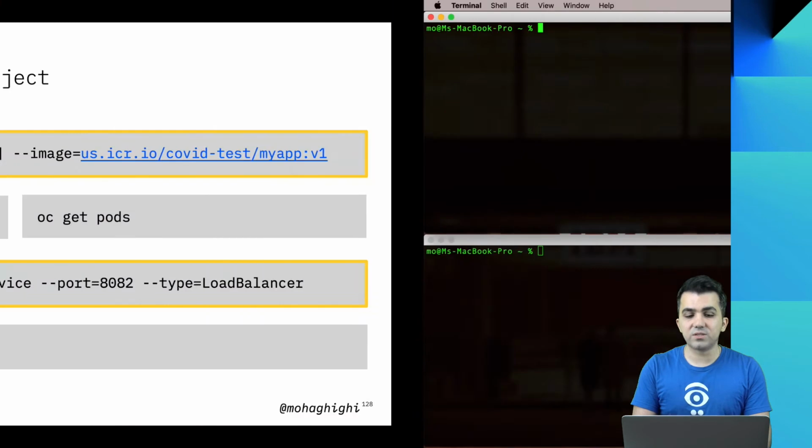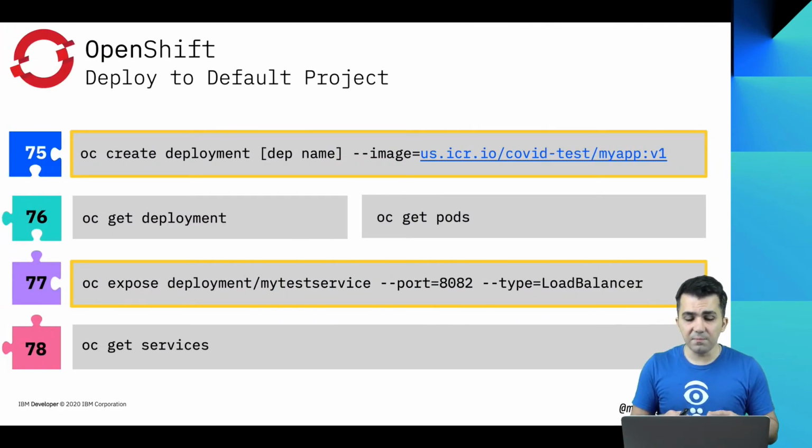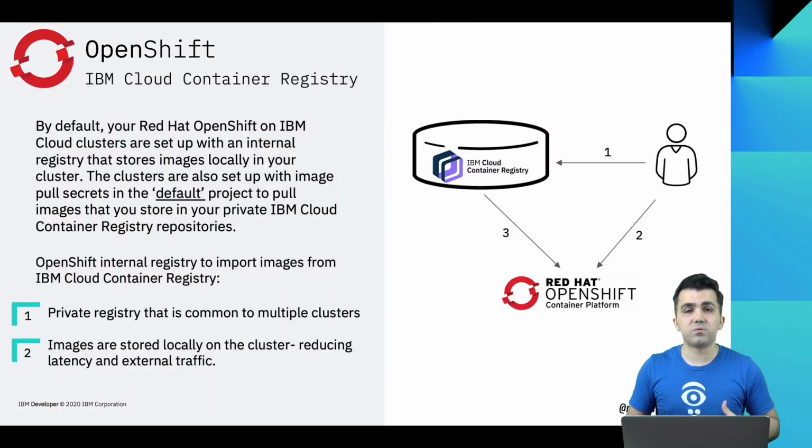So as you saw, we deployed and exposed our app perfectly. Because we were in a default registry, it managed to pull the image from IBM Cloud Container Registry without any problem.